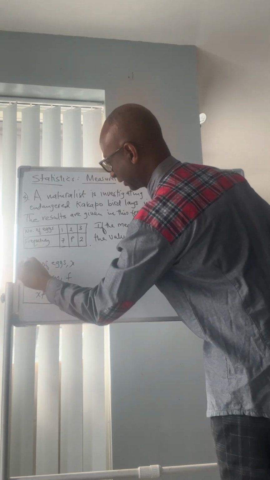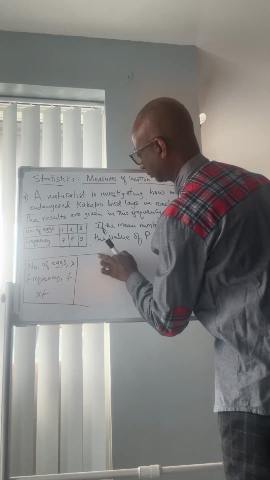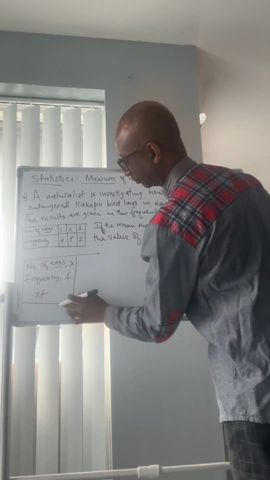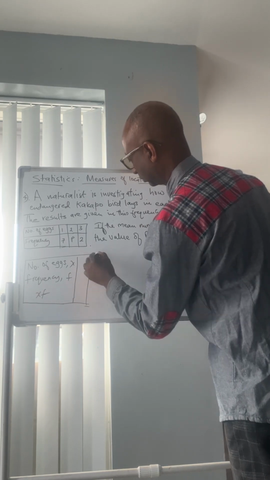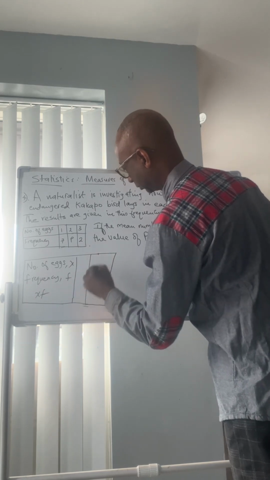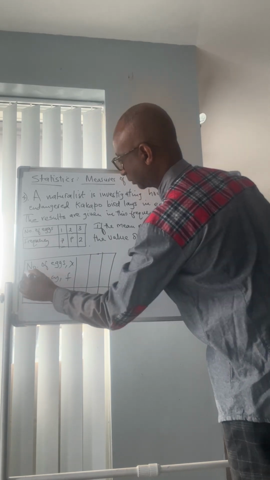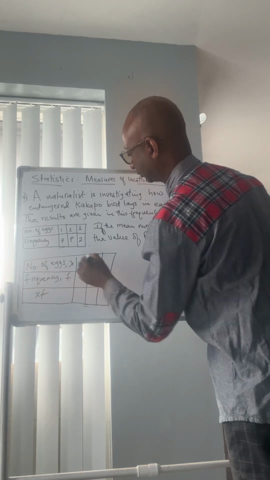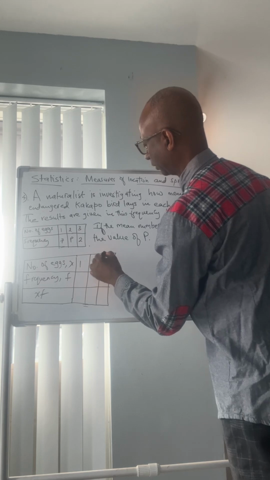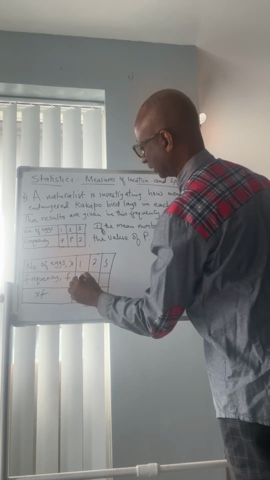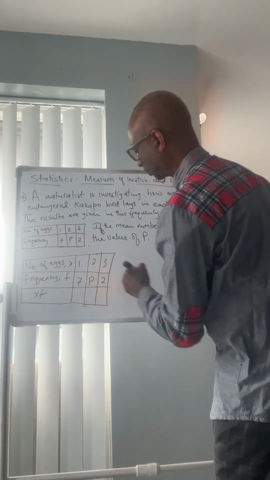We have 1, 2, 3 here, and the frequency 7 here, P here, and 2 here.